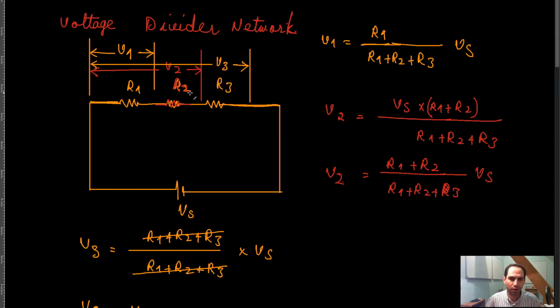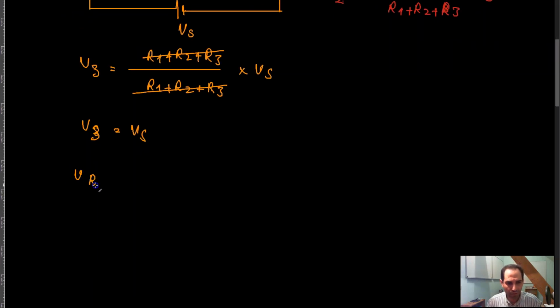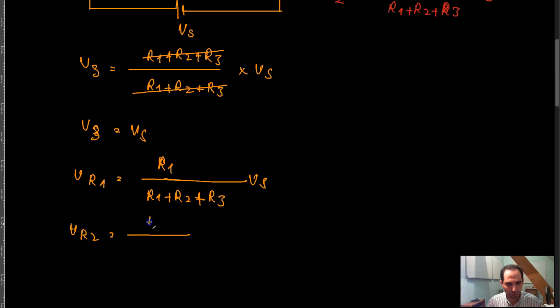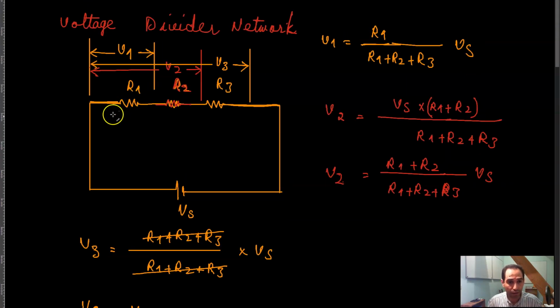And the voltage across R3 would be again some other voltage, and you could argue that V of R1 is equal to R1 over R1 plus R2 plus R3 times V of S. That would be this ratio. And V of R2 would be equal to R2 divided by R1 plus R2 plus R3 times V of S.